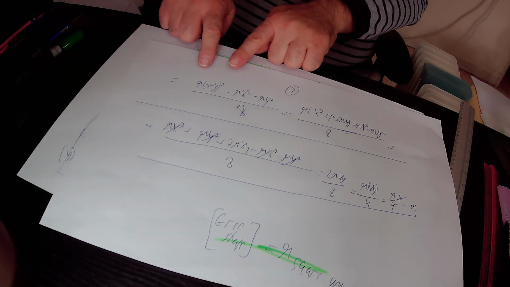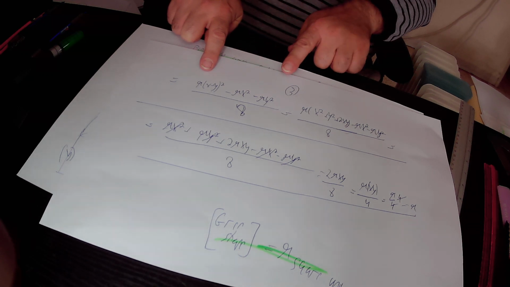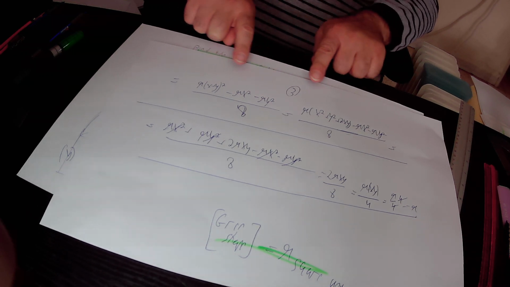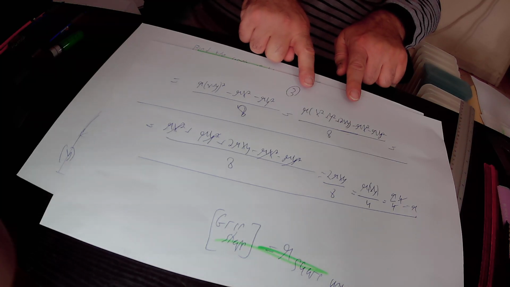Here we open the brackets: pi times (x plus y) squared. (x plus y) squared equals x squared plus y squared plus 2 times x times y. So this expression equals pi times (x squared plus y squared plus 2xy).